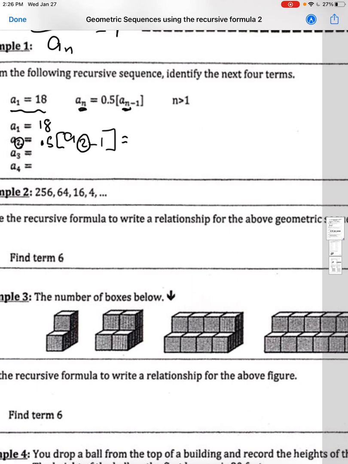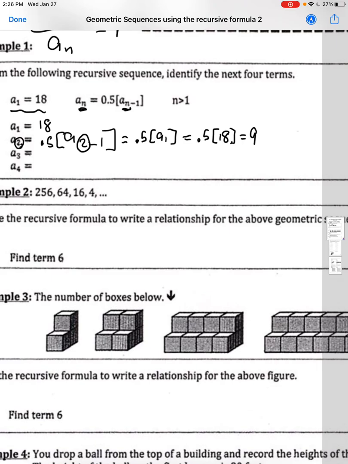Now we can do some really basic arithmetic here. 2 minus 1 is 1. So this is the same thing as 0.5 of A1, which is 0.5 of our A1 value, which is 18. 0.5 of 18, just multiply those two numbers, we get 9.